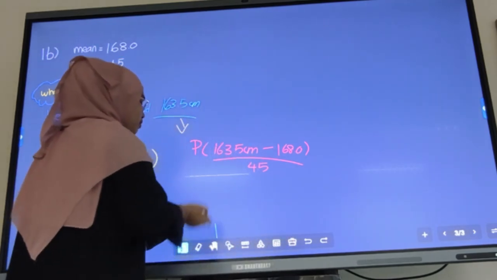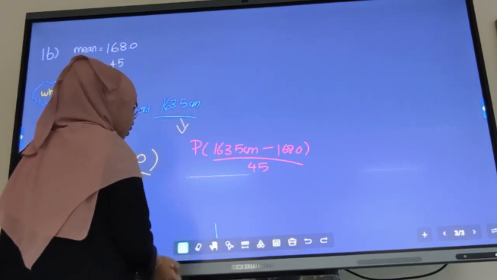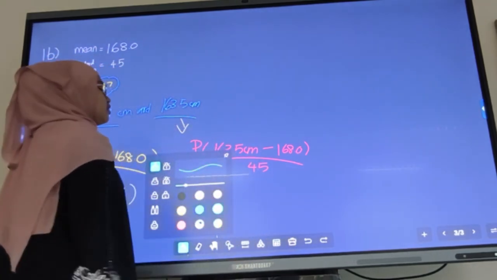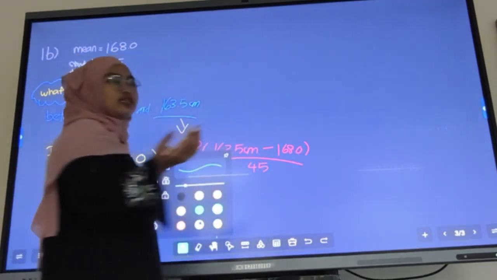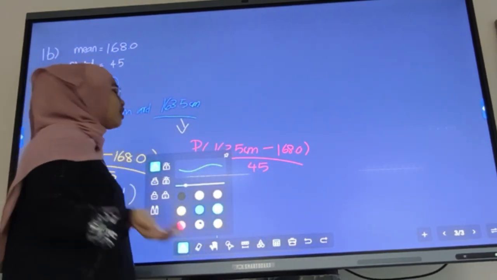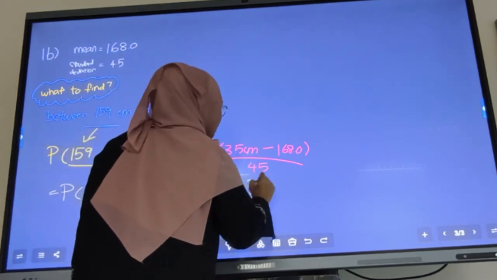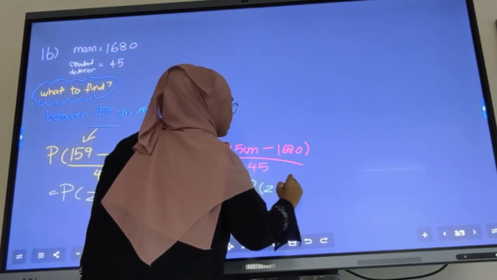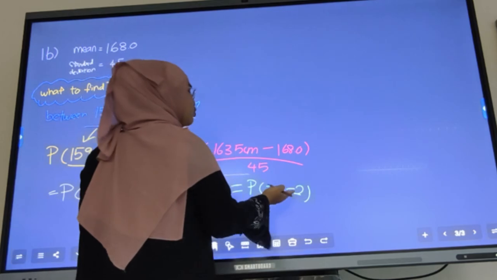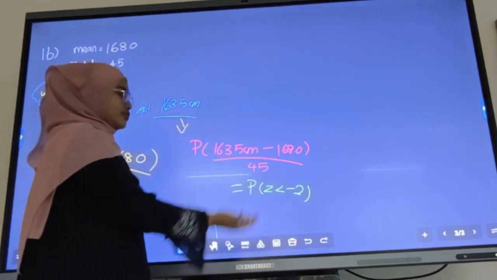So how do we solve it? The answer, as I said, we cannot simply write it, so the answer will be P Z less than 0.2.